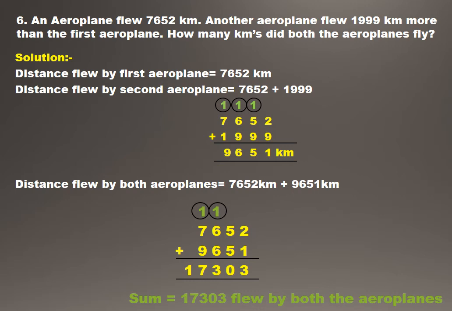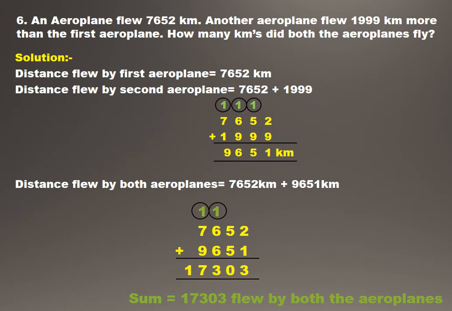How you are going to calculate it? By adding the extra kilometers which the second aeroplane flew more than the first one. So you have to add that number in the kilometers which the first aeroplane flew, right?